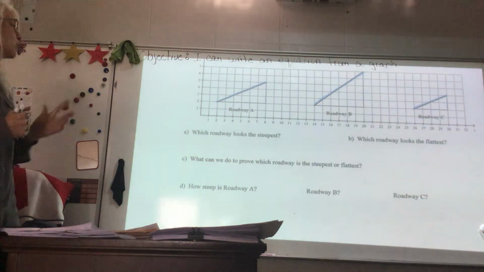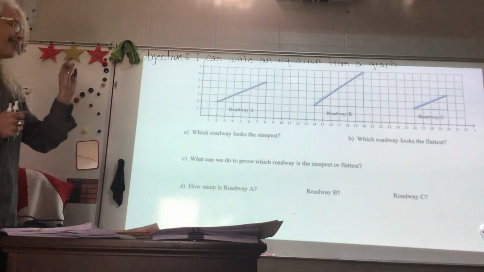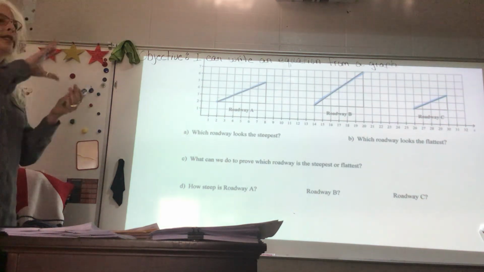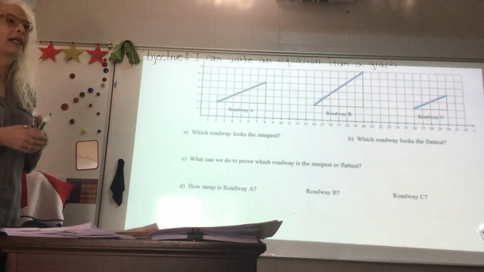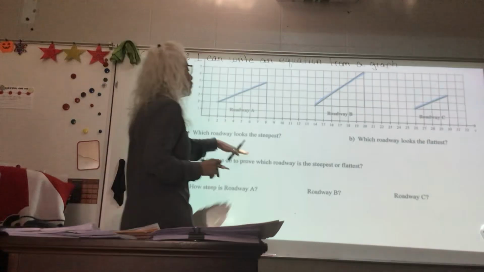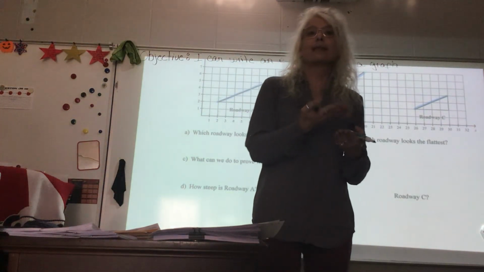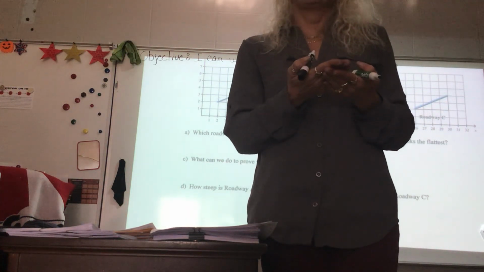On part C, it says, what can we do to prove which roadway is the steepest or the flattest? And yesterday, of course, we took our little clear paper and we figured out exactly, in order to prove which way is the steepest, we need to come up with something mathematically to where we can prove it.